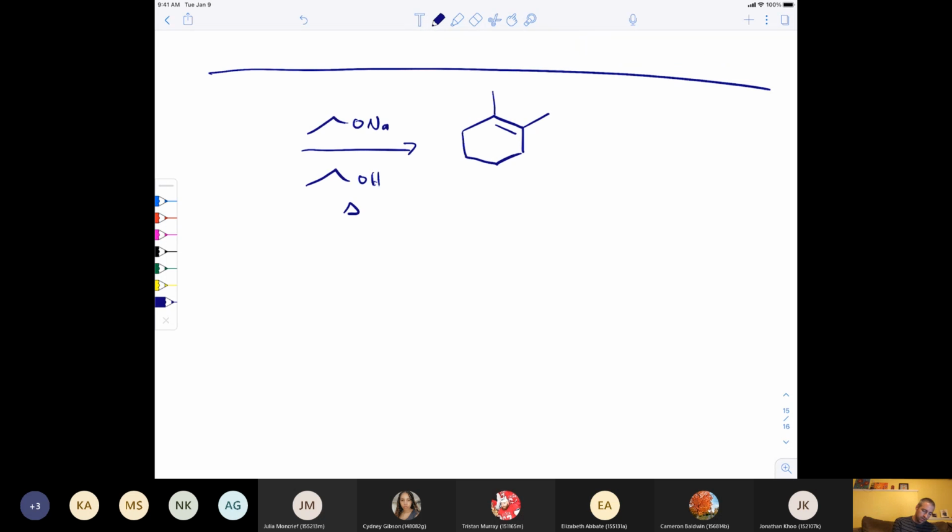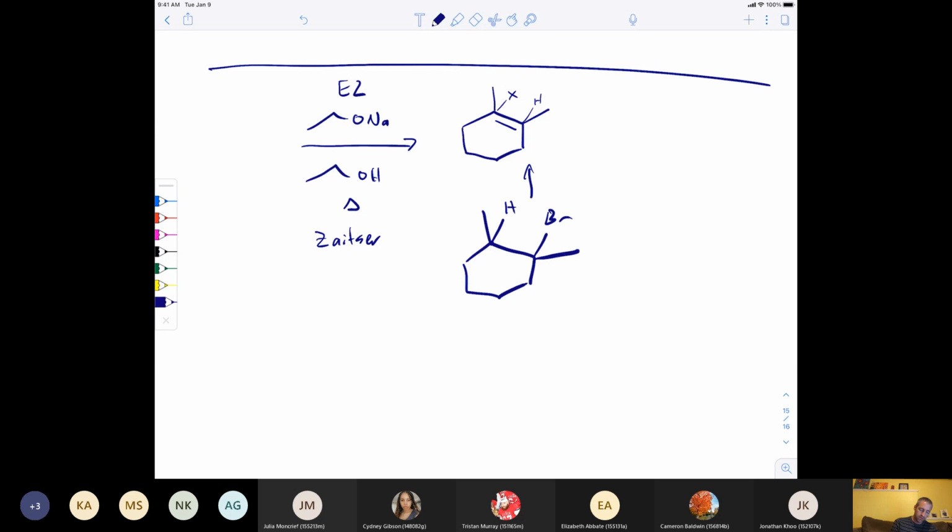Again, these are E2 conditions, Zaitsev conditions. So we need an alkyl halide where you have X and hydrogen on the 2 ends of where the double bond forms. So something like that, because that can do an E2 to give you the alkene that I wanted.